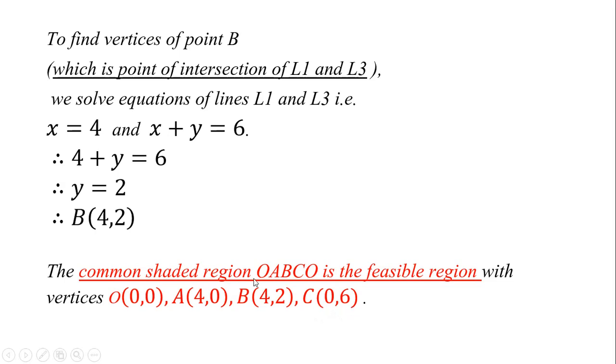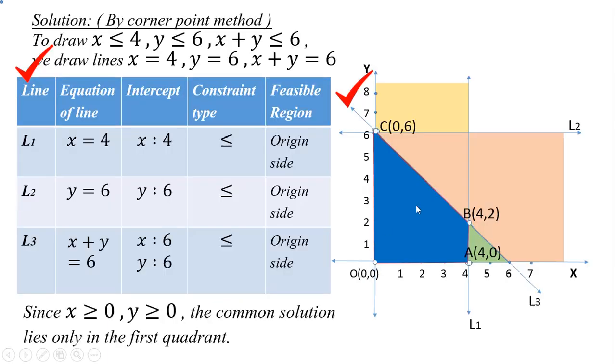So here in this case, the shaded region is the blue part. So O, A, B, C, O is the feasible region. Now in this case, if we see the previous slide, this common solution set or feasible region is a bounded region.